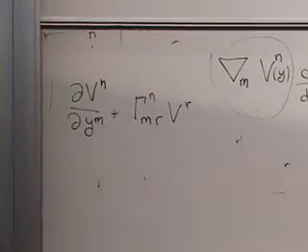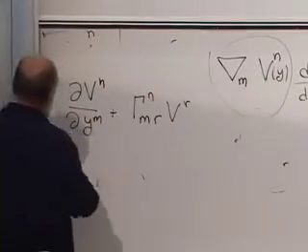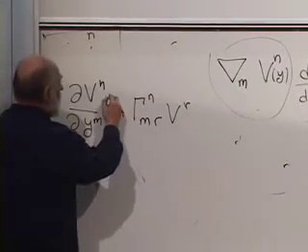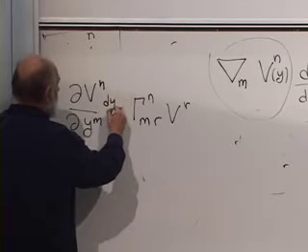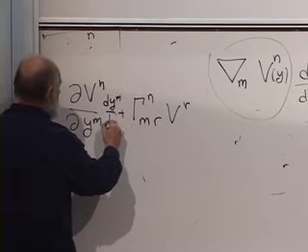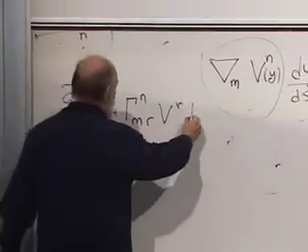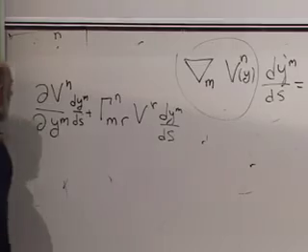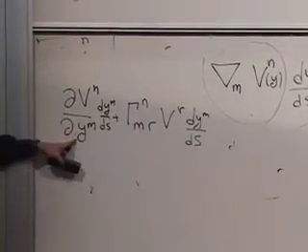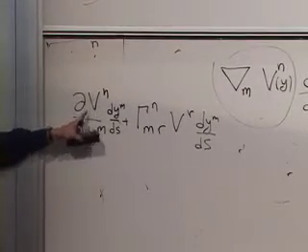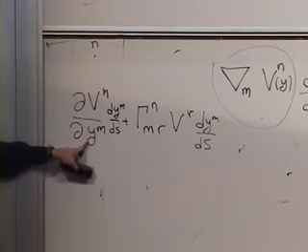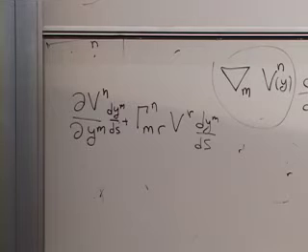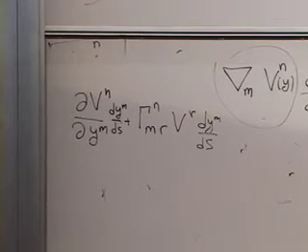Then we have to multiply it by the tangent vector. So let's multiply it here by the tangent vector, dym by ds, plus the other term. What is this thing over here? The derivative of the nth component with respect to y, times dy by ds. Chain rule, right?